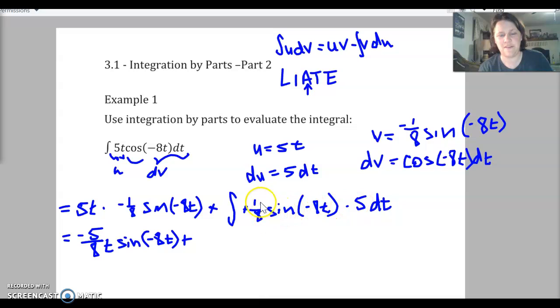We can pull that 5/8 out in front. And then once we integrate the sine of negative 8t, we're going to pull out a negative 1/8 out in front. And then the integral of sine is going to be negative cosine of negative 8t.